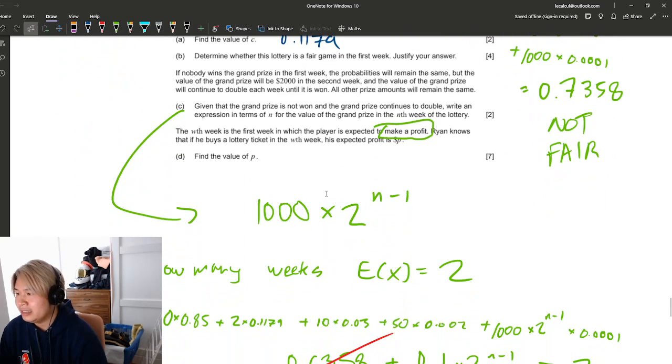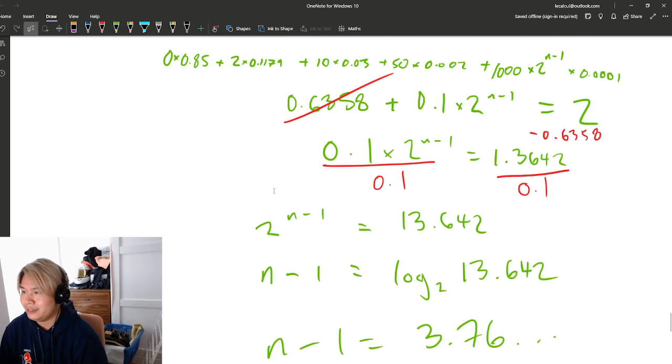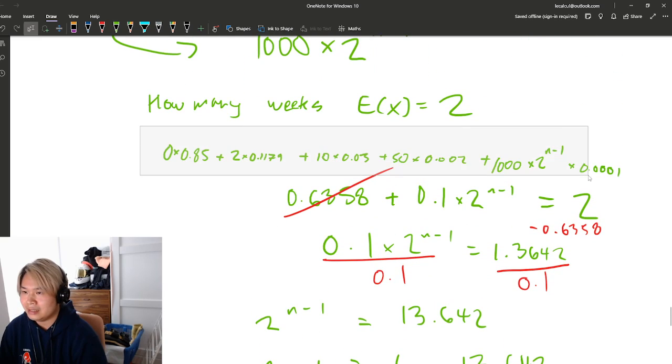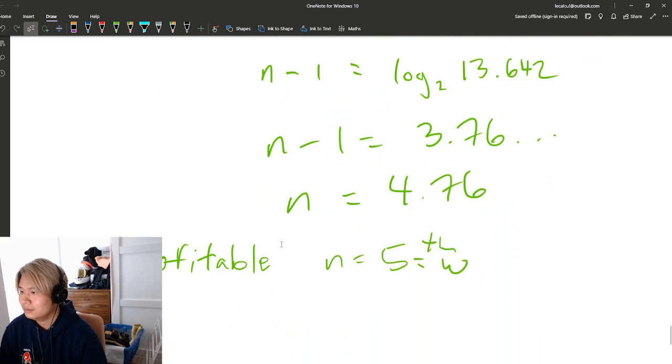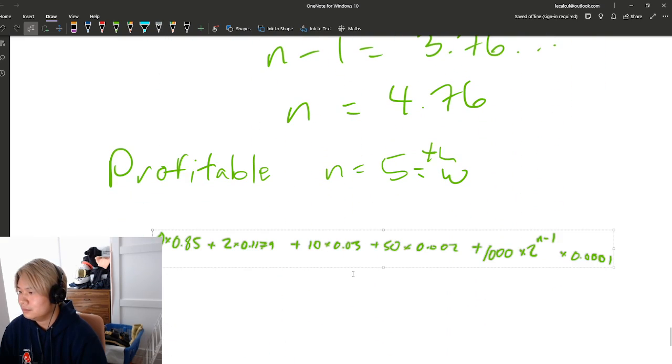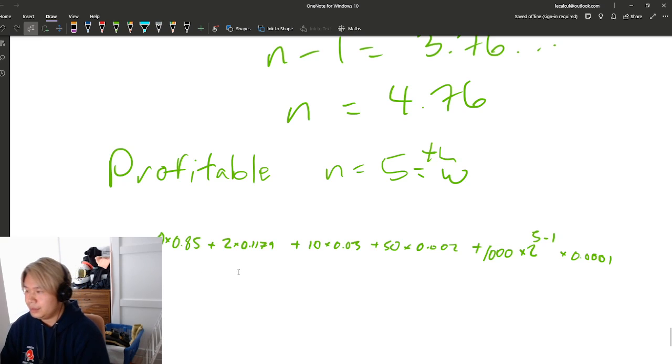Okay, now we need to calculate the expected profit. So now we take this whole formula for expected value, and now we know that n, which is W, is 5. Okay, plug this all in, and then you're done. And then I think you're done the exam.